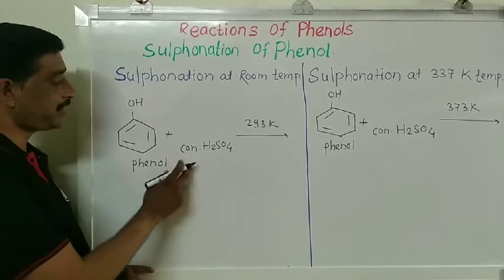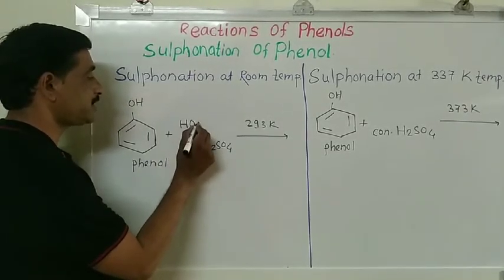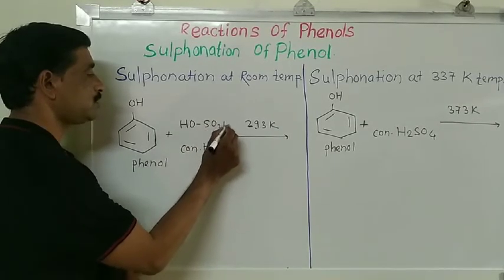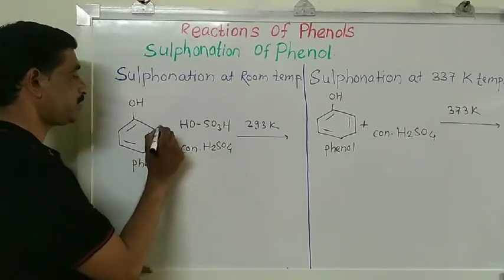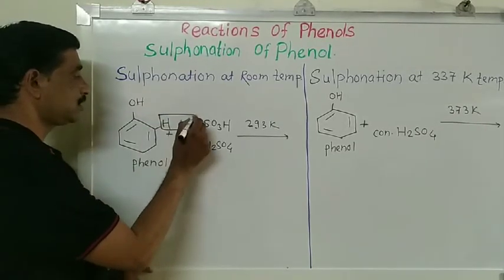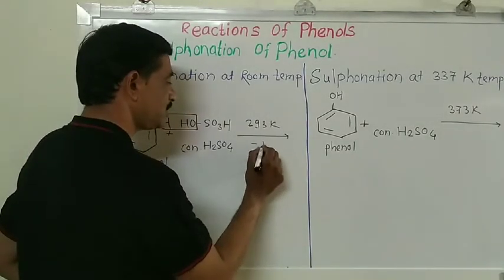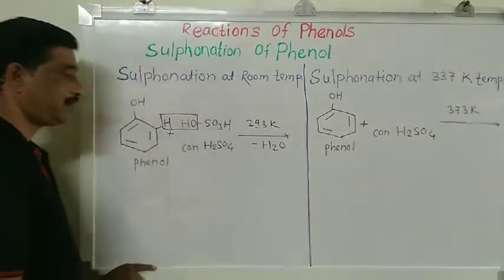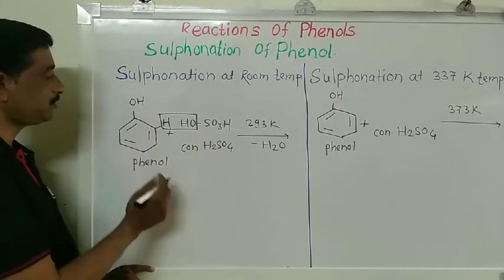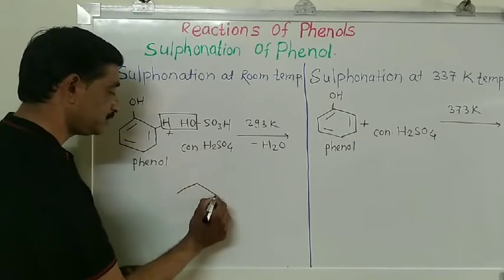Here phenol is reacted with concentrated sulfuric acid. This concentrated sulfuric acid we can also write as HOSO3H. Then hydrogen atom from the ortho position and OH group from this sulfuric acid will form first a water molecule, see here, and the SO3H group, that is the sulfonyl group, is added to the ortho position and we get here the product.